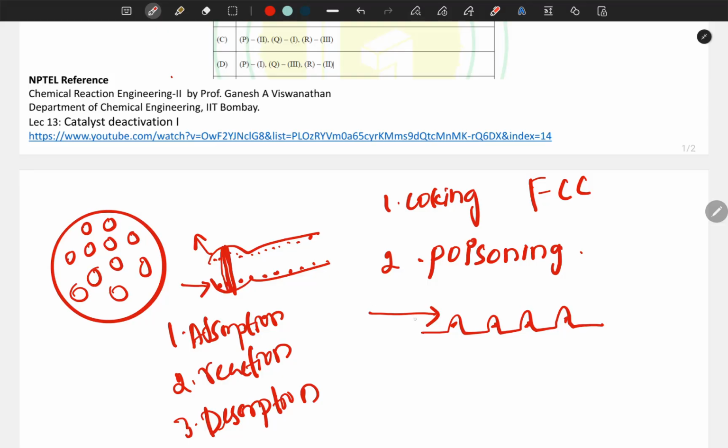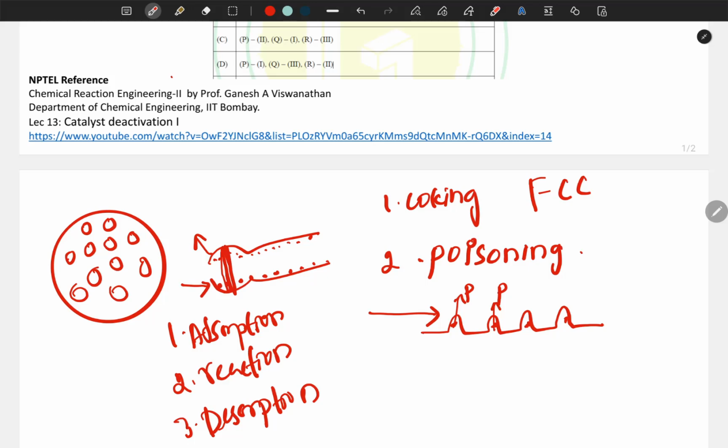Suppose your feed has any poisoning molecules or compounds, they will first form an irreversible bond with your active sites. So your number of active sites over a period of time will be considerably decreased. Again this will decrease the activity of the catalyst.